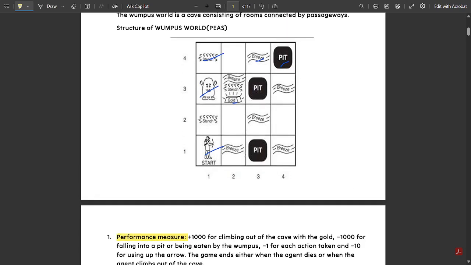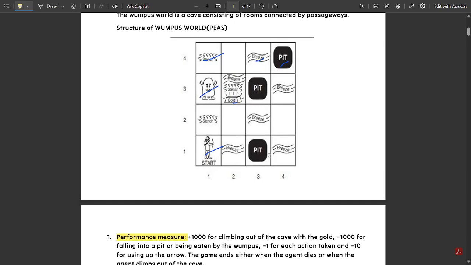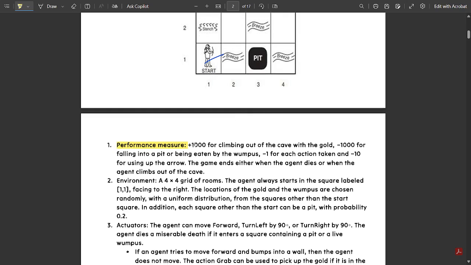That is, in your particular path, if you fail the task, either you don't get the gold or you fall into a pit, that would be considered invalid, getting minus 1,000. Or if you get eaten by the Wumpus, a monster, where if you mistakenly reach that room you would be killed, that is minus 1,000.